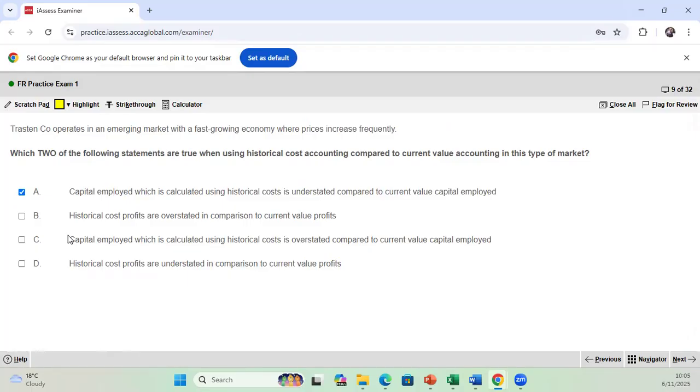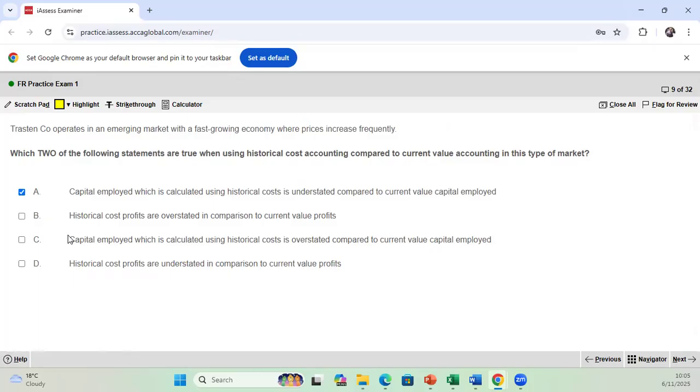Then, historical cost profits are overstated if we compare with current value profits. I think so. Why? Let's think of you selling an item. Your supplier's prices went up: where you bought it for $5, it now costs $10. If you compare the selling price with the old cost, it gives the impression that you are making a profit.